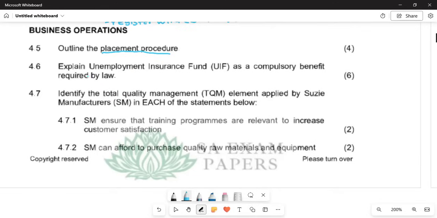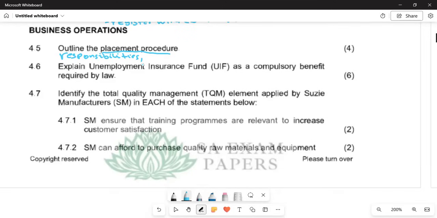So for us to outline the placement procedure, business should outline specific responsibilities and expected skills of the new position. Also, determine the successful candidate's strengths and weaknesses.